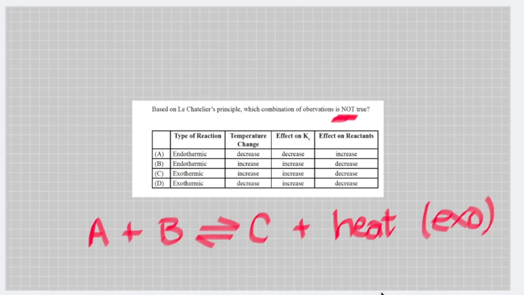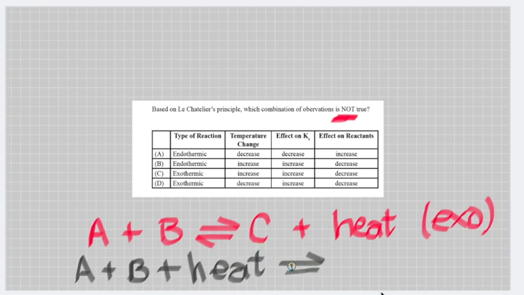If a reaction is endothermic, then we can think of it as A plus B plus heat here on the reactant side to give C, this one, endothermic reaction. So in the endothermic reaction, heat is treated as a reactant, and in the exothermic reaction, heat is treated as a product. So with that behind us, let's look at the question now.